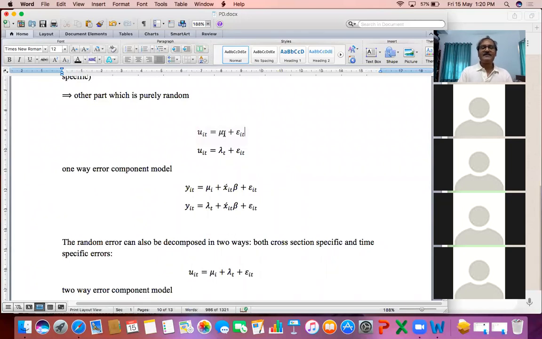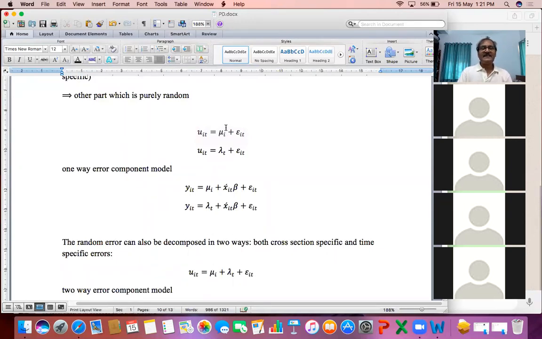So mu_i denotes the level of intelligence of a particular worker, and we are using the suffix i only, not t, simply because the level of intelligence may be different for different workers, but it may not be different over time, at least for a shorter period of time. So over time, the level of intelligence of a worker may not change, but it may be different for different types of workers.